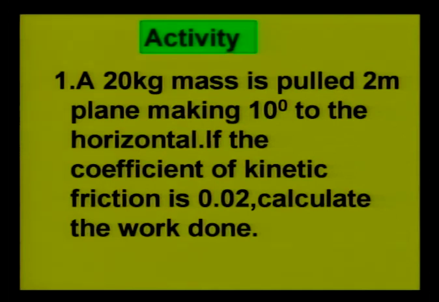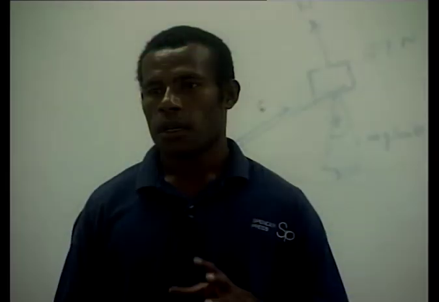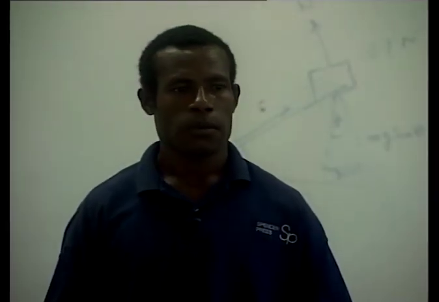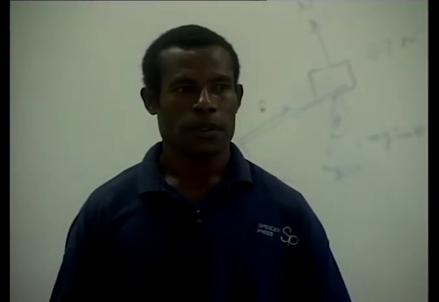All right, quickly to summarize what we went through in the lesson. On a rough inclined plane, if you are trying to work out the amount of energy involved in moving an object down that inclined plane, or up that inclined plane, there is also a frictional force that is considered.